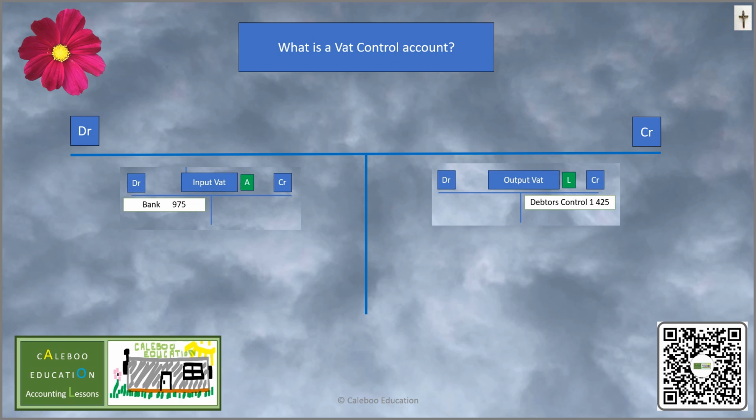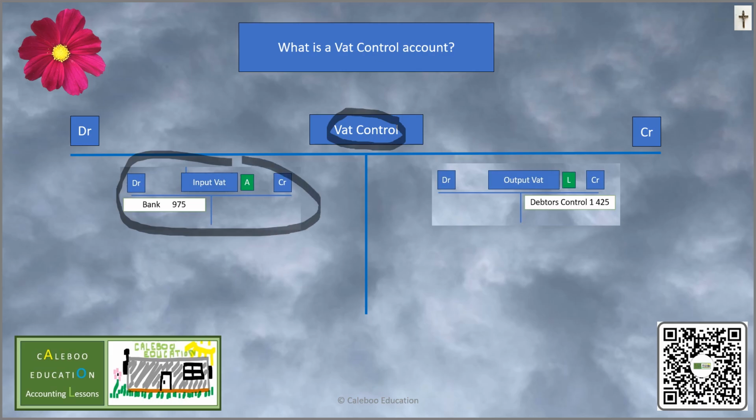The VAT Control account keeps a record in one account. Here we go, the VAT Control account. It keeps a record of input VAT and output VAT. I've taken screenshots from the previous slide of the input VAT that was calculated and the output VAT that was calculated. There are different ways of keeping VAT records.